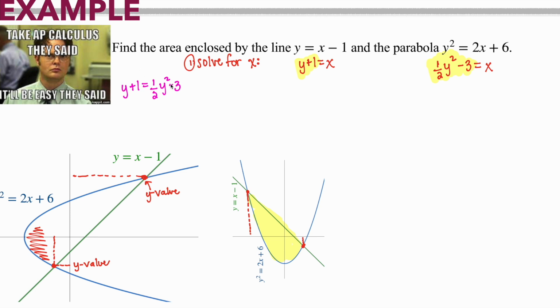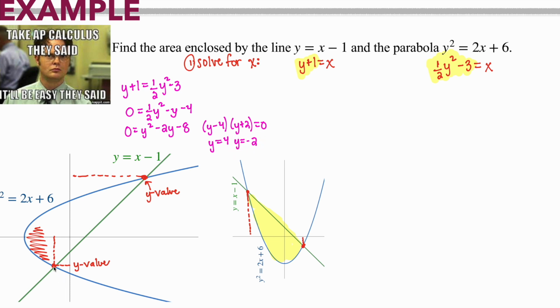So I'm going to get everything on one side because I have a y squared. So I'm going to get 1/2 y squared minus y minus 4, which is the same thing as y squared minus 2y minus 8. I multiplied everything by 2, which means that this is going to be y minus 4 and y plus 2 equals 0, which means y equals 4 and y equals -2.